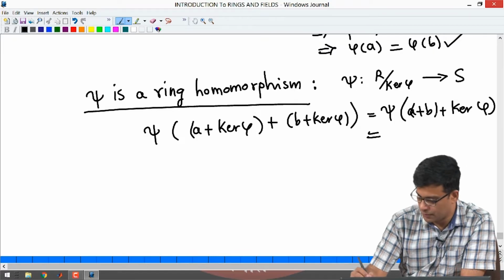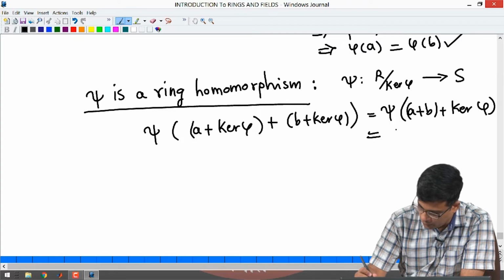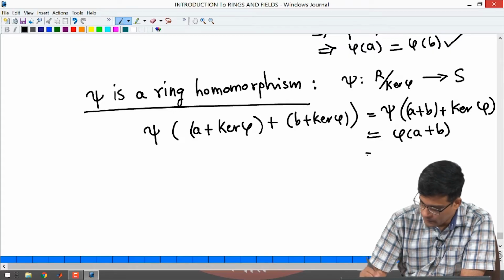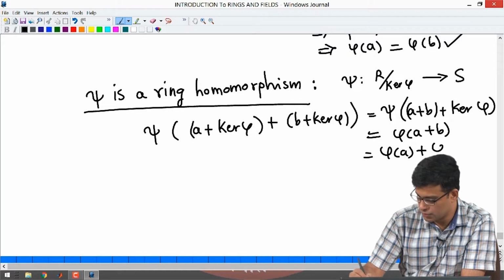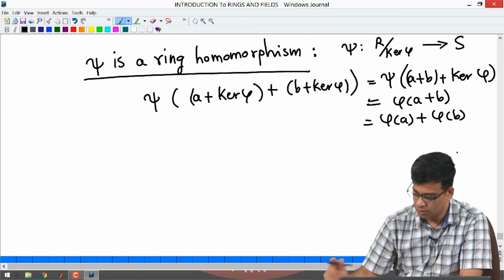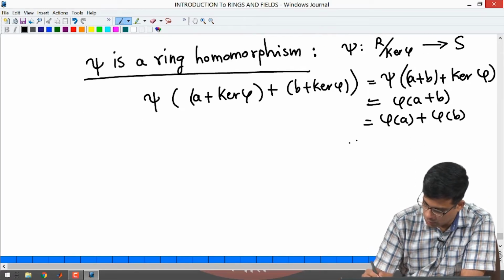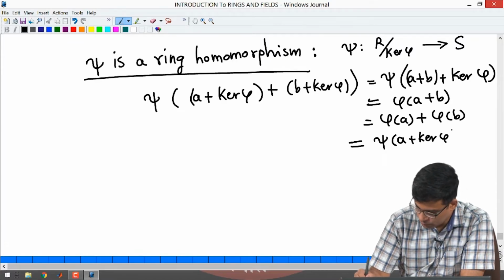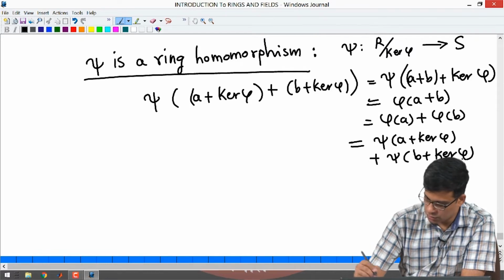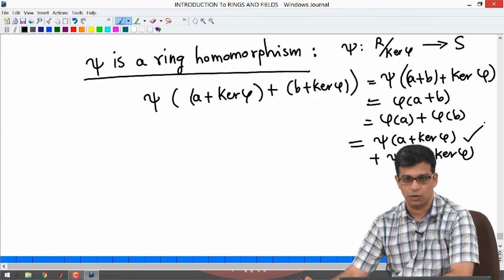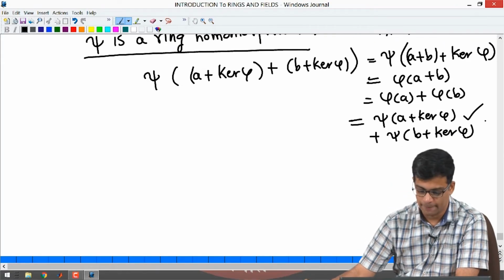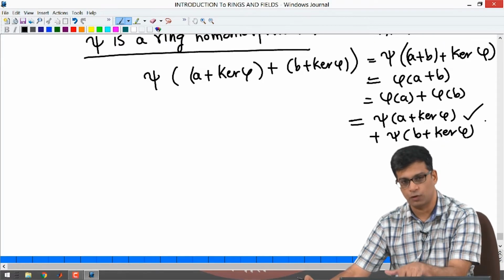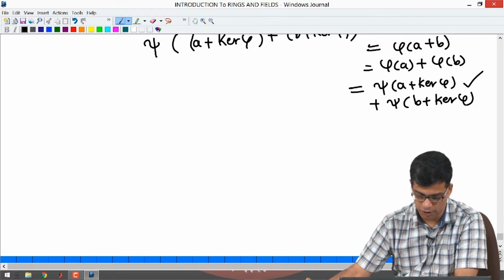By definition, psi of A plus B plus kernel phi is phi of A plus B, which by definition of ring homomorphism is equal to phi of A plus phi of B, which I will write as psi of A plus kernel phi plus psi of B plus kernel phi. Okay, so this is okay, right. Each step I hope is clear. So, we have checked that psi of the sum of two elements is the sum of psi of those elements.